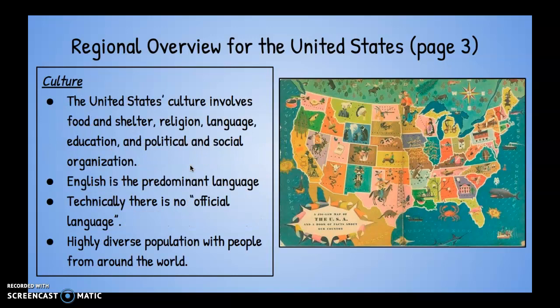This is page 3, still focusing on the regional overview for the United States, but really zooming in and looking at culture. To have one slide about American culture just doesn't do it justice, so that's why we do a regional overview. There are 4 bullet points. It says the United States culture involves food and shelter, religion, language, education, and political and social organization.